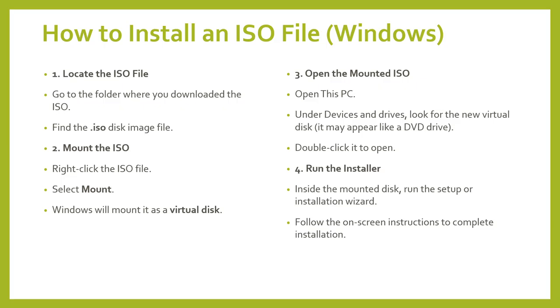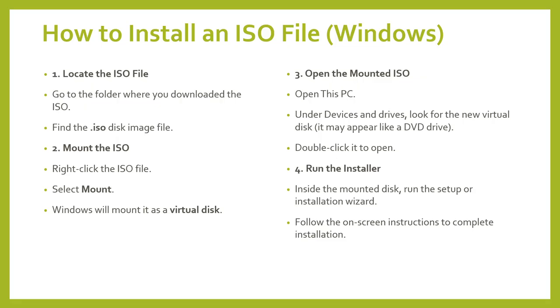So how do you install an ISO file? Here's how to install it. First, you need to locate the ISO file that you just downloaded. It should be in your Downloads folder by default, unless you saved it specifically somewhere else. Then right-click the ISO file. In the menu that appears, click Mount.